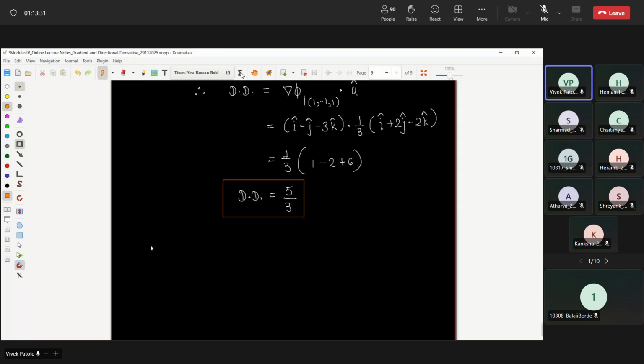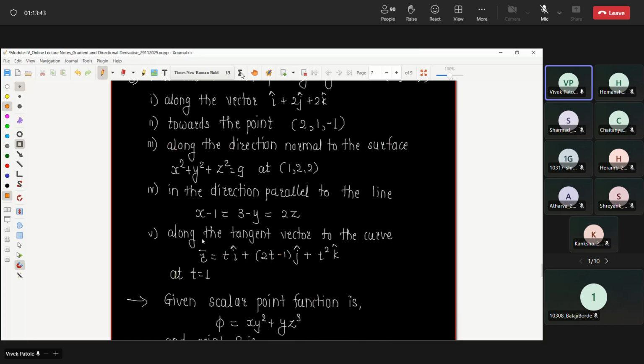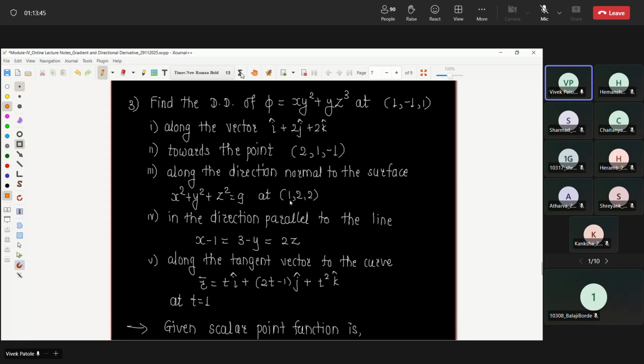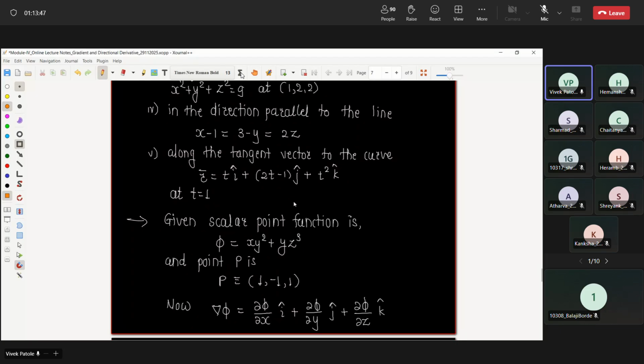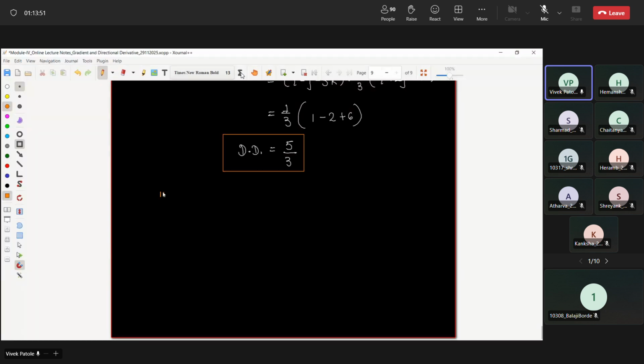Now next we had along the direction normal to the surface, right? See, the third one is along the direction normal to the surface, which is the sphere, at point 1, 2, 2. Now, normal to the surface will be what? Gradient. Correct.